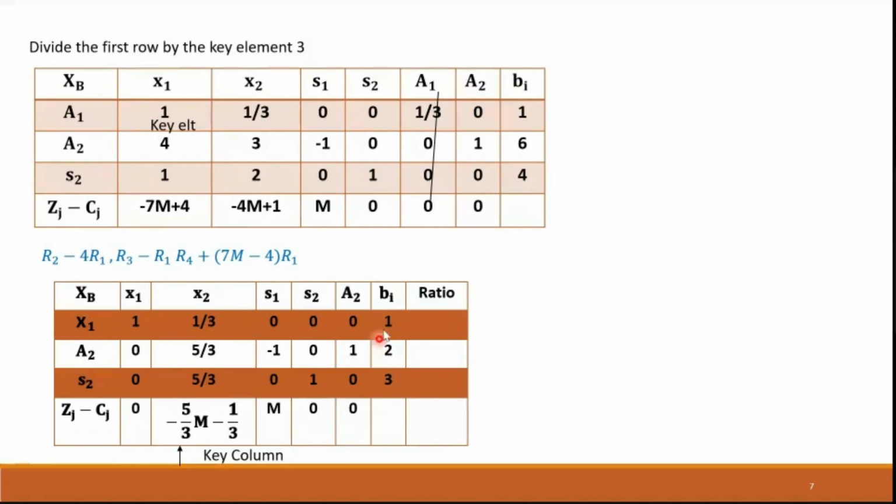We have to divide, bi upon the corresponding positive elements in the key column. So if I divide 1 by 1/3, what remains? It is only 3. Then 2 divided by 5/3, 2 multiplied by 3/5, I will get 6/5 and this will be 9/5.